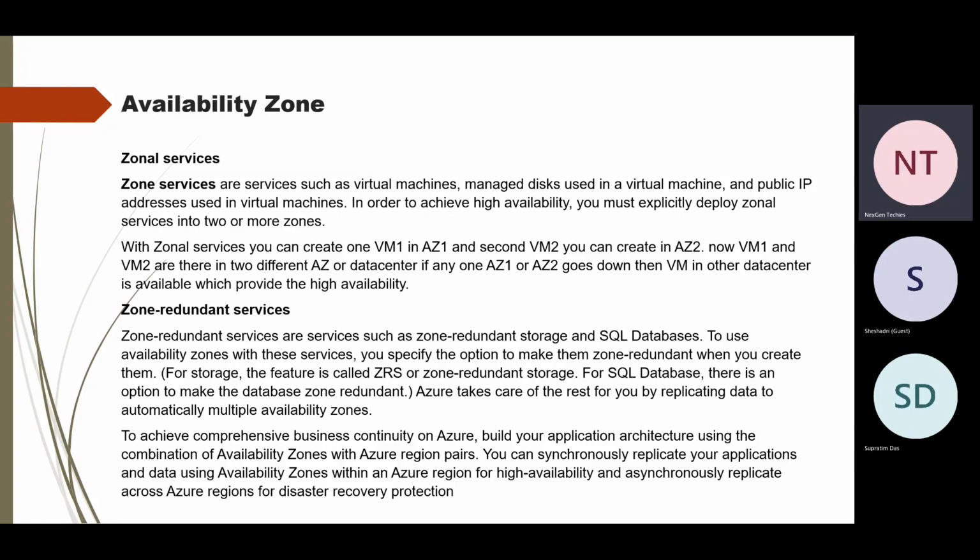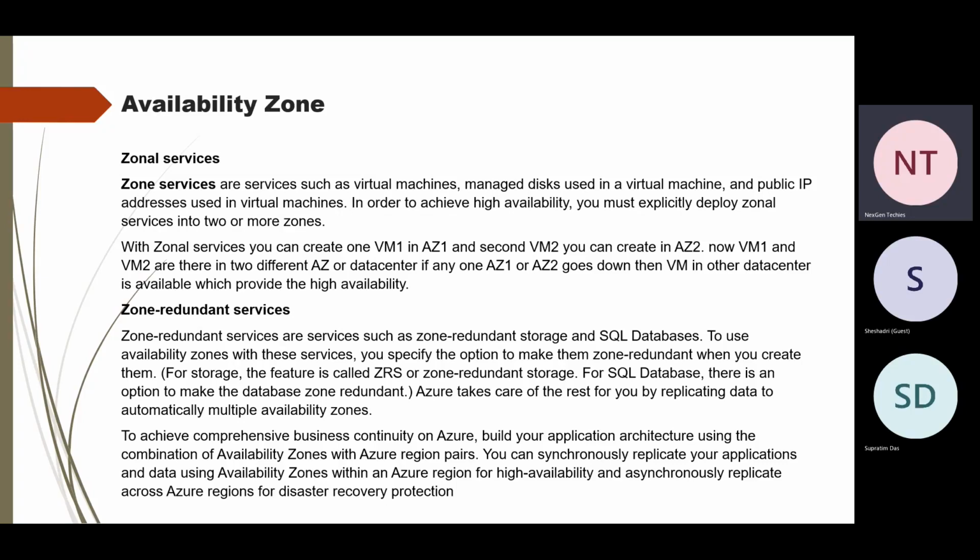So what are zone redundant services? Zone redundant services are basically used for replicating your storage data. You have multiple availability zones, and you have deployed your VMs in more than one availability zone. For example, you have the HANA database.